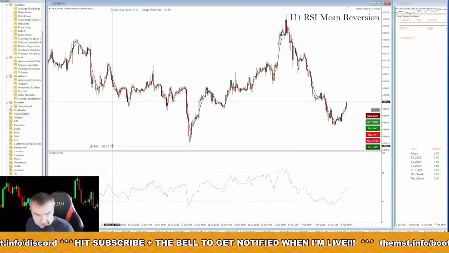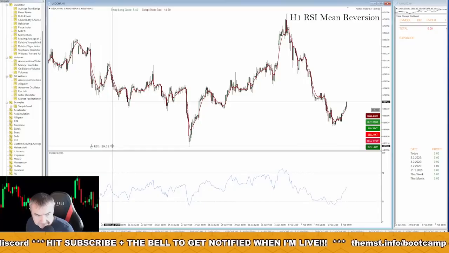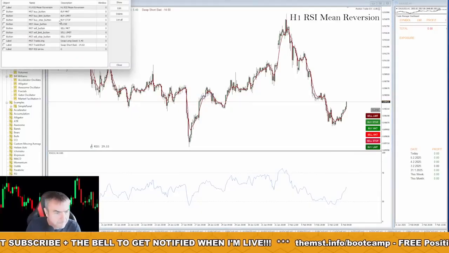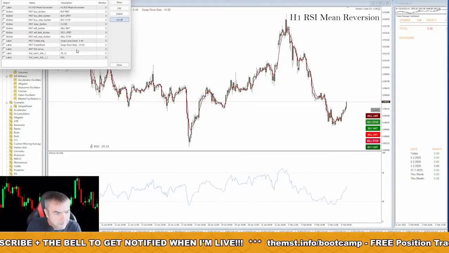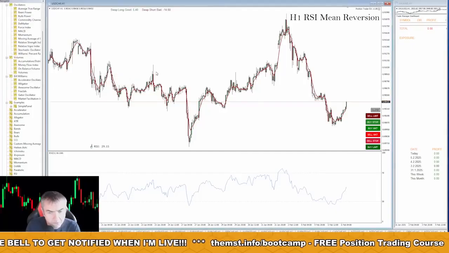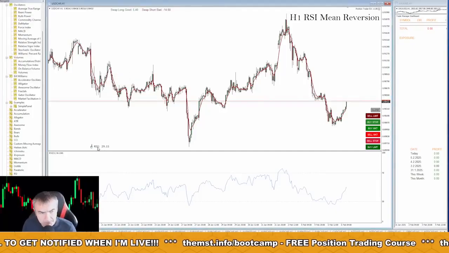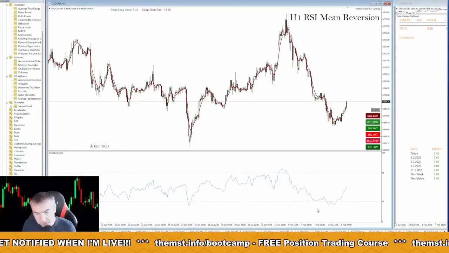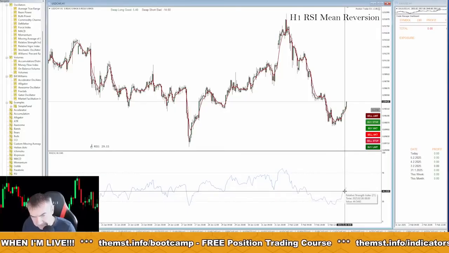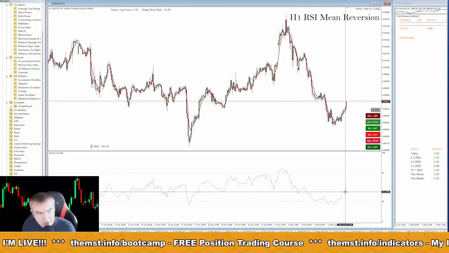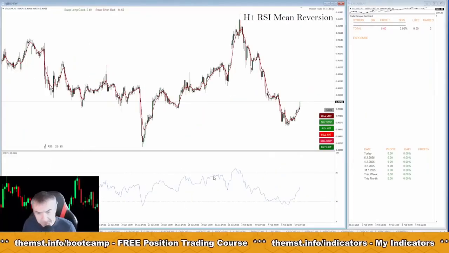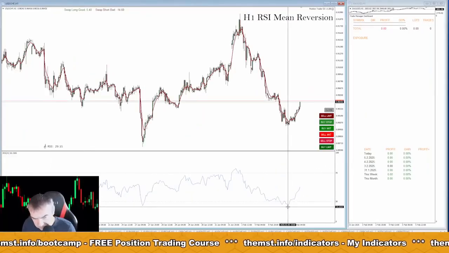Why is that reading 29.15? That reading's wrong. Last closed candle was 44.15. Maybe that explains why I'm flat. That should have taken a trade, surely.